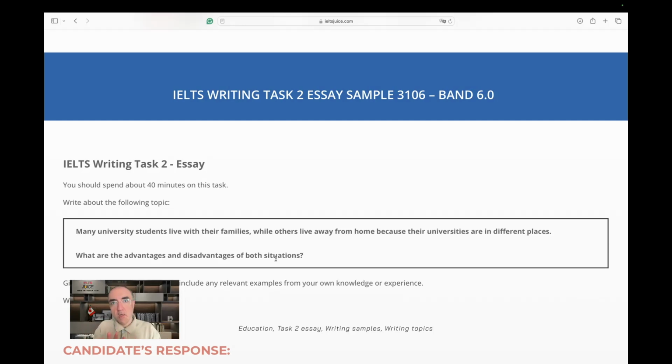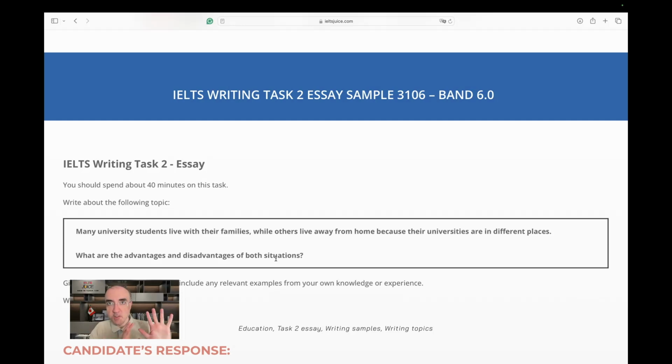Now, don't worry. For these elements, and let me tell you also that there are two major points. We have to address both situations, and we have to mention their advantages and disadvantages. The best approach would be to break it down. So you can devote two paragraphs for each situation. Hear me out.